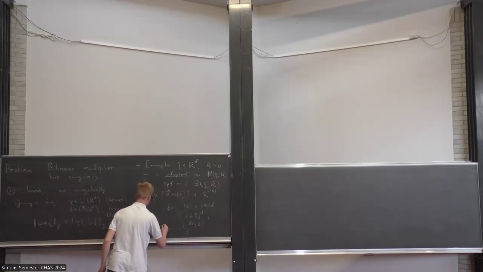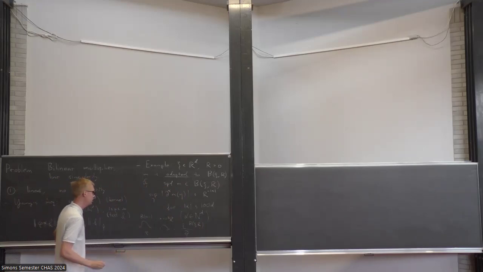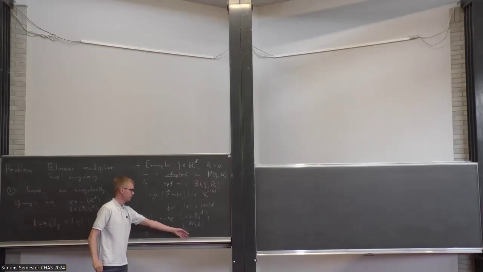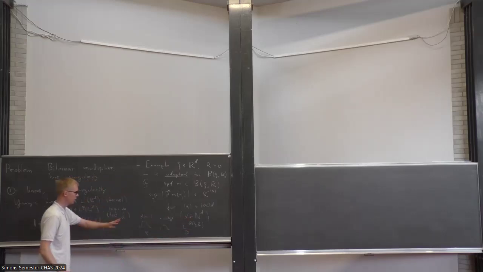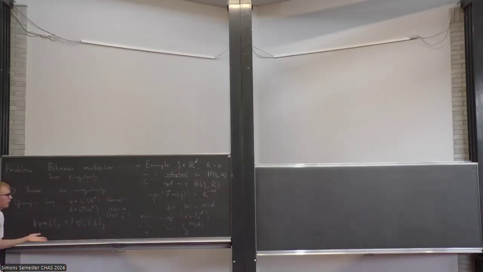And the mapping will be something like x goes to x minus y over r. And this is the way how you can always say that these kinds of functions exist where you want.